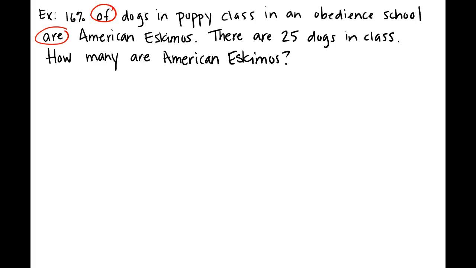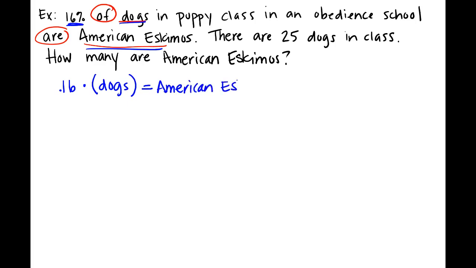So 16% of dogs in a puppy class are American Eskimos. If we were to translate this, we would have a little bit more trouble, but we could still translate it. So we got our different pieces. If I translated this, 0.16 times, and it would just be dogs in the class, is equal to these American Eskimos.